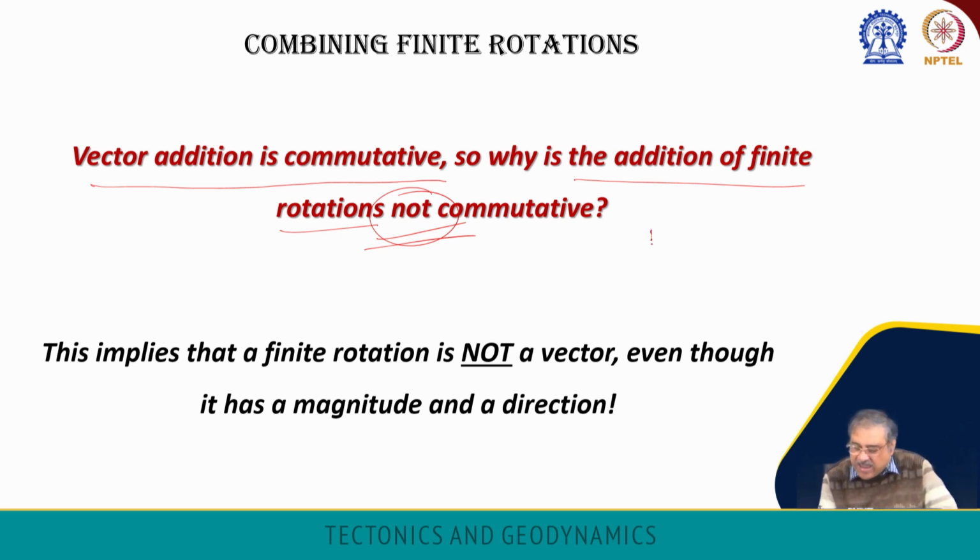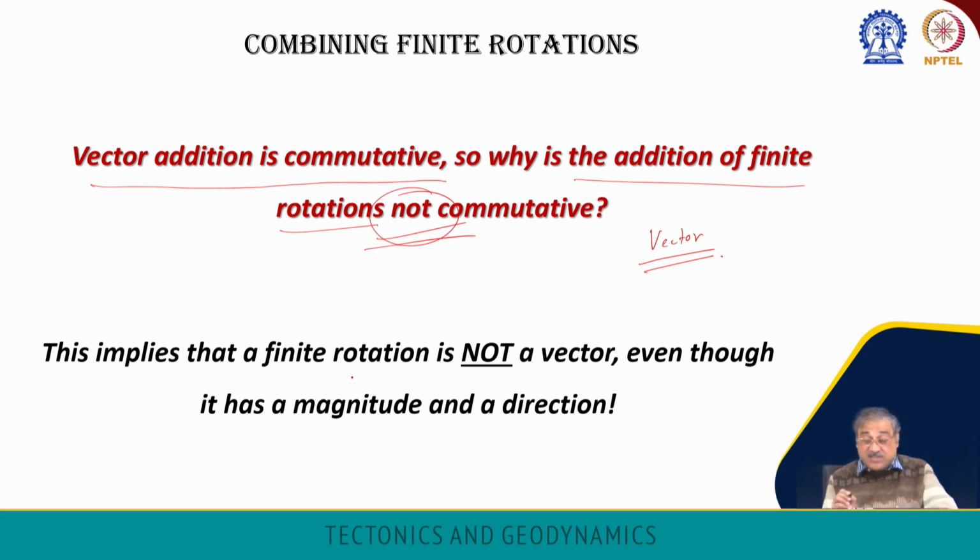It's a property of any vector, and it's a necessary property, right? Vector addition is commutative. We all know that. That's one of the basic properties of vectors. Now, if adding finite rotations is not commutative, what it implies is that finite rotations themselves cannot be vectors. So a finite rotation, in itself, is not a vector.